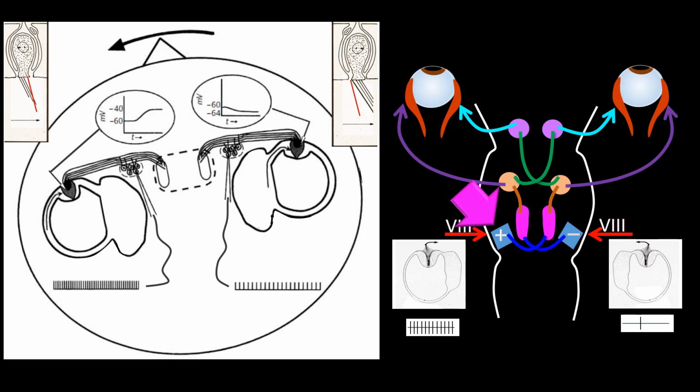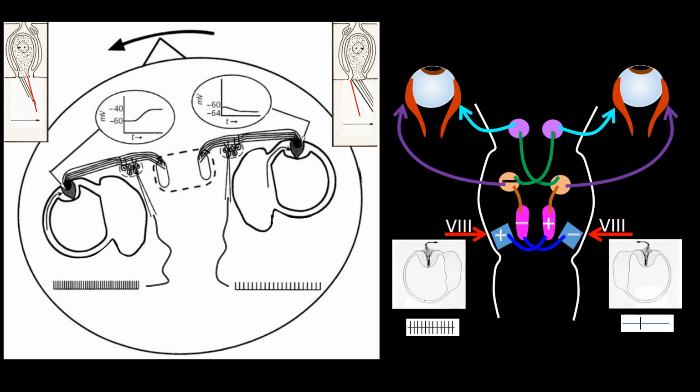The result of the increased discharging of the left vestibular nucleus is to excite the right paramedian pontine reticular formation, whereas the result of the inhibition of the right vestibular nucleus is to inhibit the left paramedian pontine reticular formation, which inhibits the two populations of cells in the left cranial nerve 6 nucleus.